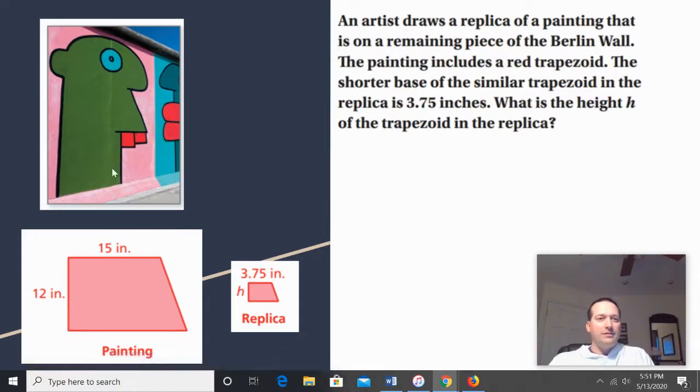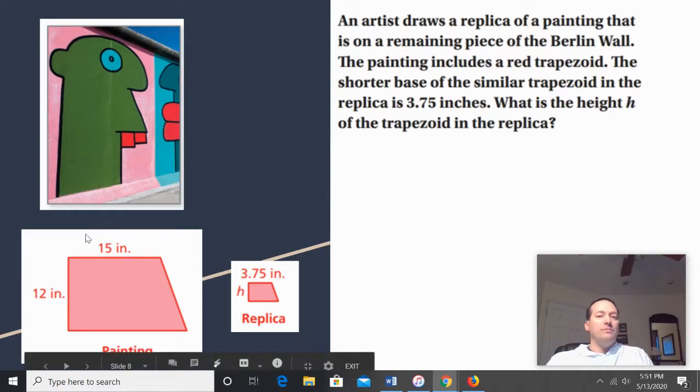These two are similar, because it tells us it is a similar trapezoid. So therefore, we know that corresponding angles are congruent, but we also know that the ratio of corresponding sides must be equivalent. They must be equal. So basically what we're going to do is write a proportion.